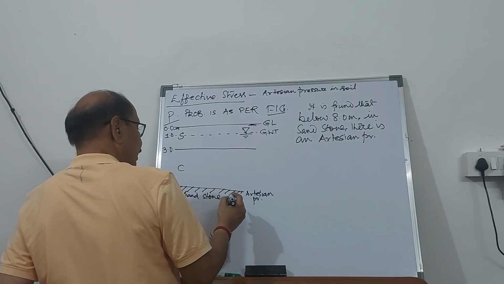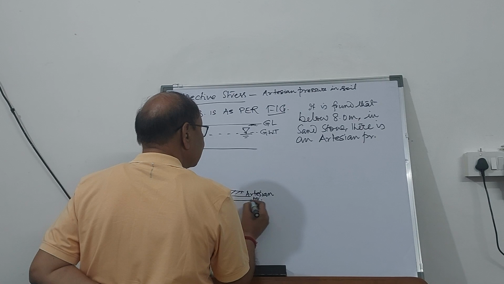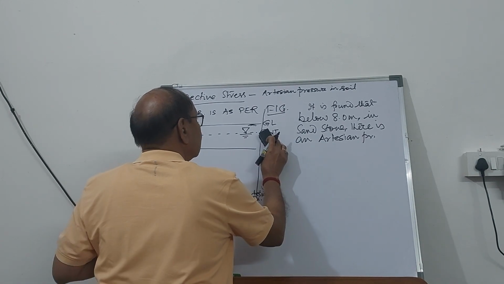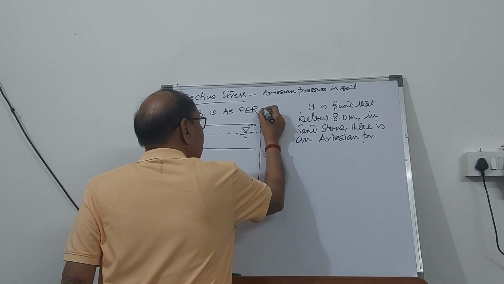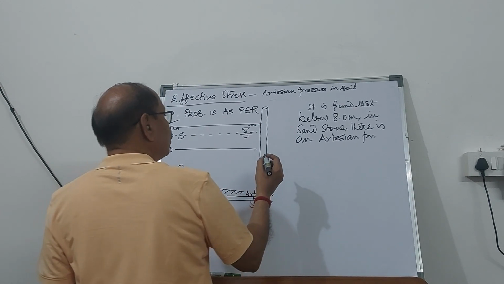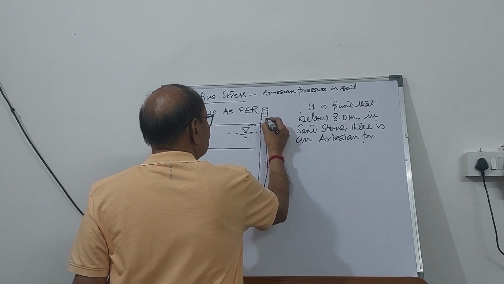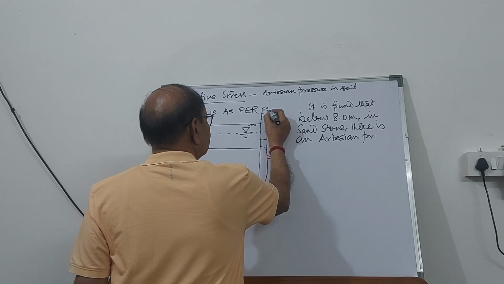When you put a piezometric tube in the sandstone, due to Artesian pressure, the water level is going to shoot up to this level, and this level from the ground level is 4 meters.